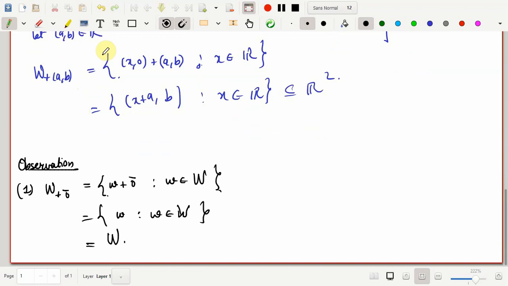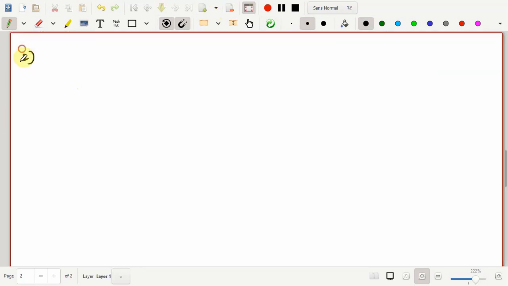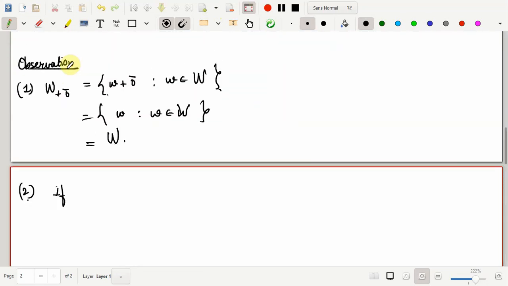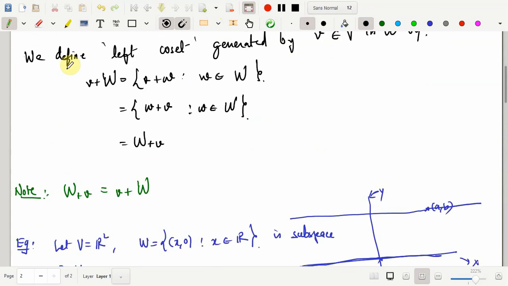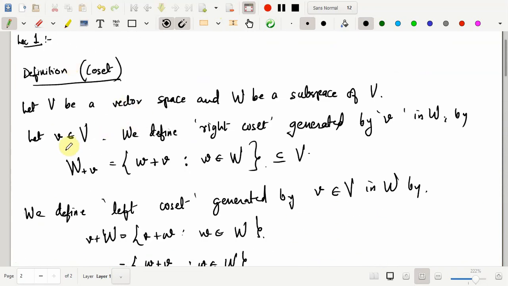The second observation that we can make is that the fixed point v is coming from V, a given parent vector space.